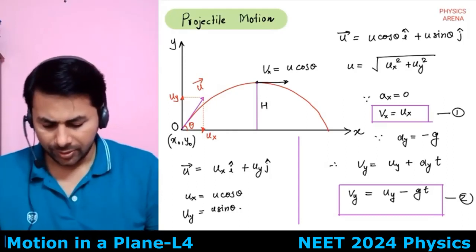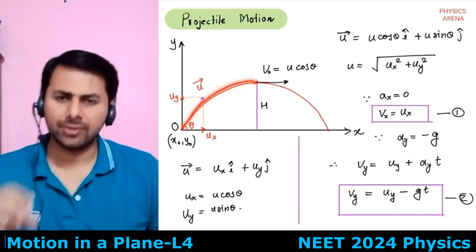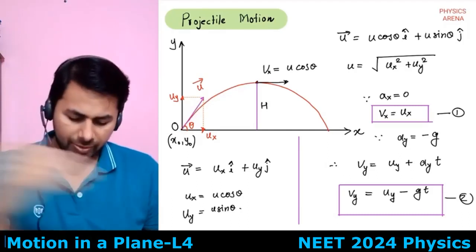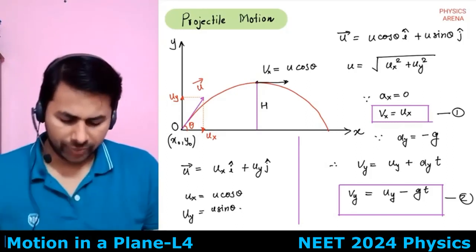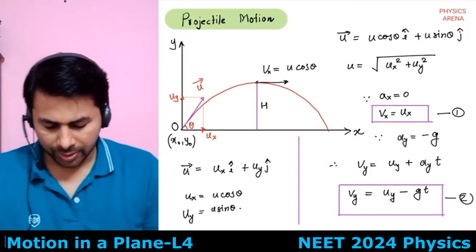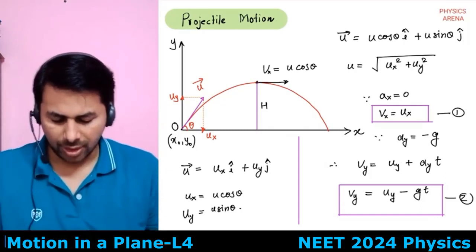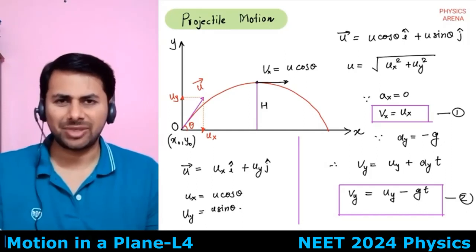After that, this object is thrown, so it goes to this maximum height, and from there it comes back. We can say this is ascending motion, this is descending motion. So at this point, in what direction will be its velocity?